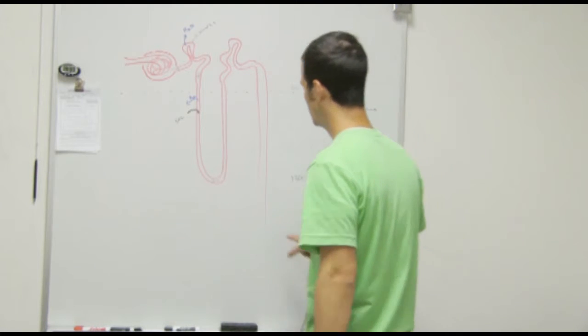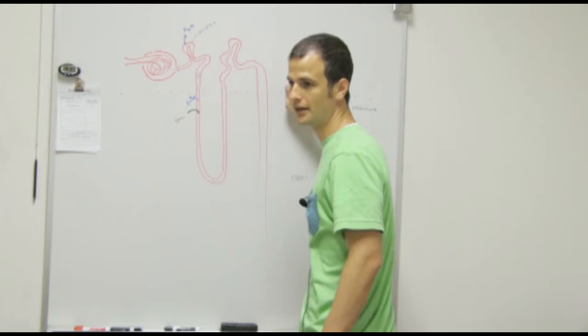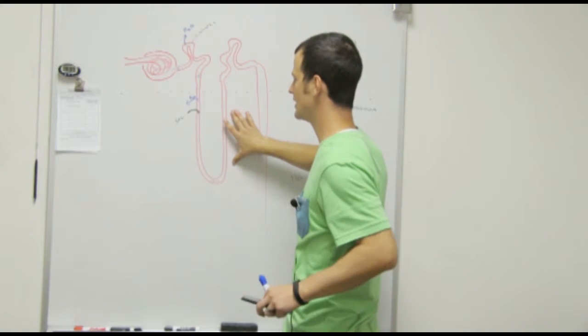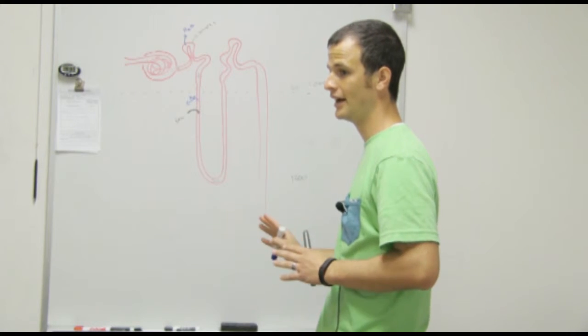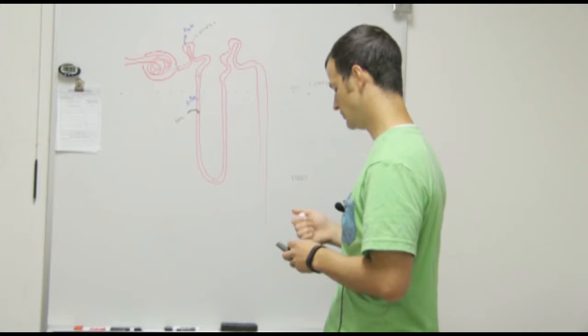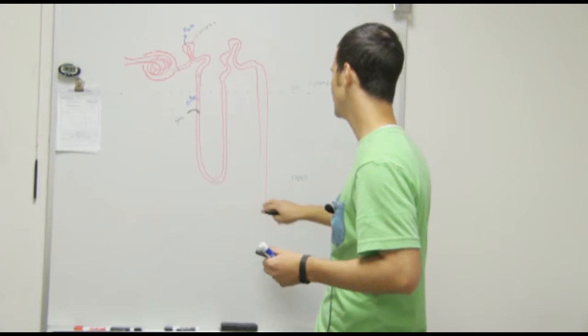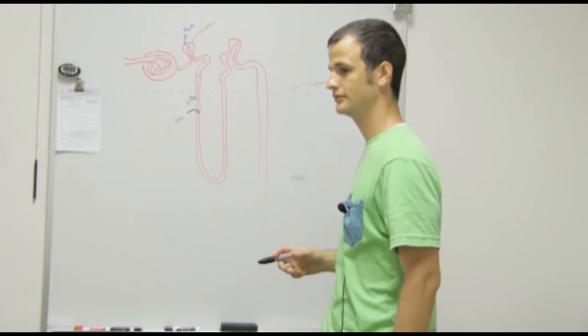All right, so once we start going back up the loop, we need to get back towards 300. But one thing about the ascending loop of Henle is that it's impermeable to water. So water can't get out. Can you guess what's the way we'd dilute this if we can't move water?